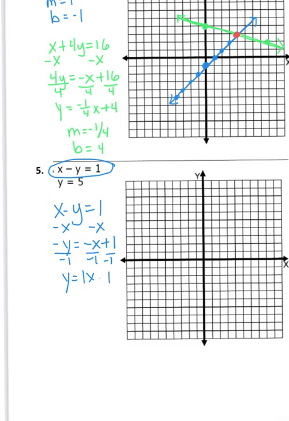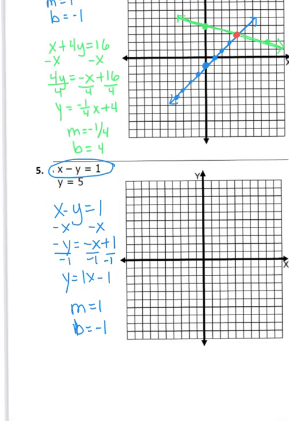Divide by negative 1, then this will be 1x minus 1. So here my slope is 1, and my y-intercept is negative 1. Okay, so that's that one.